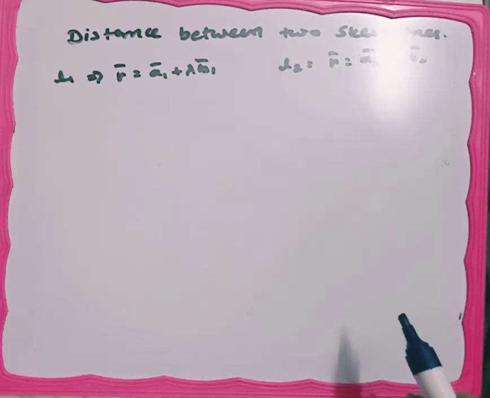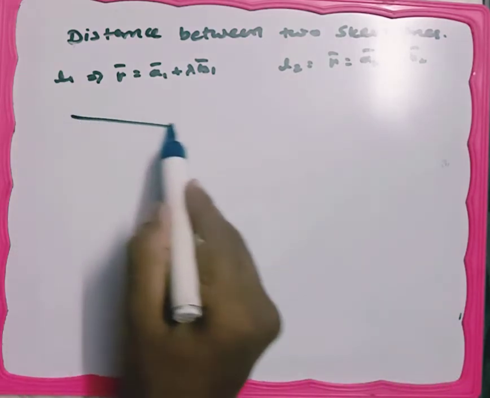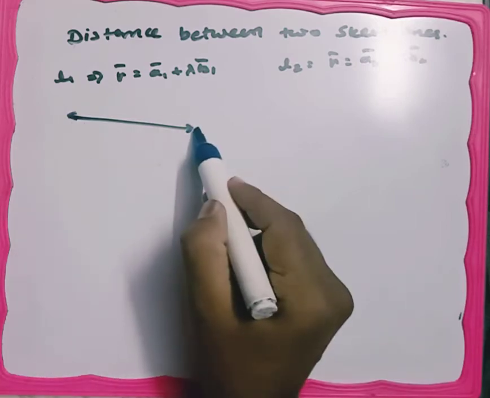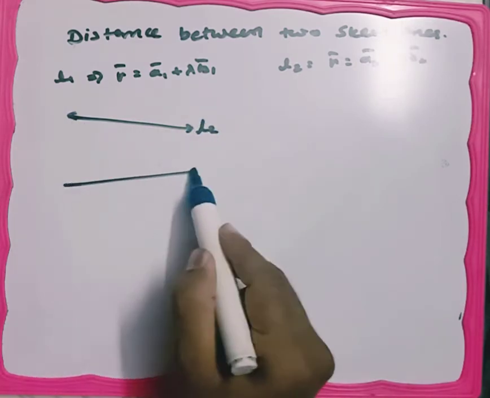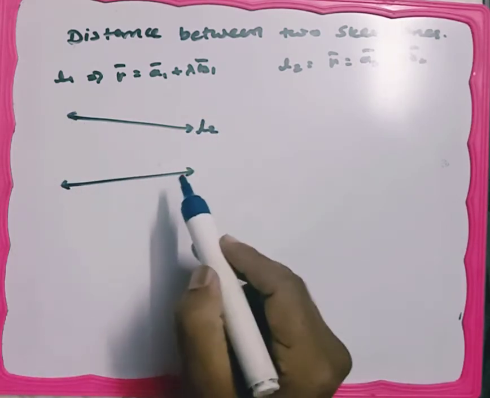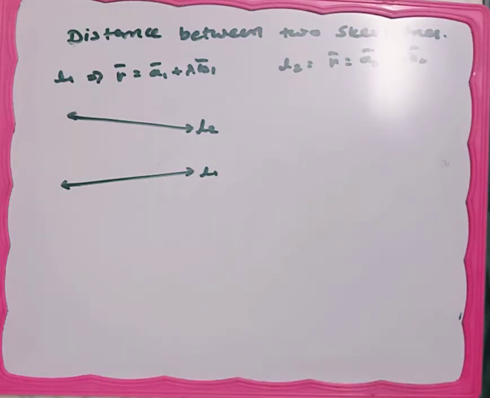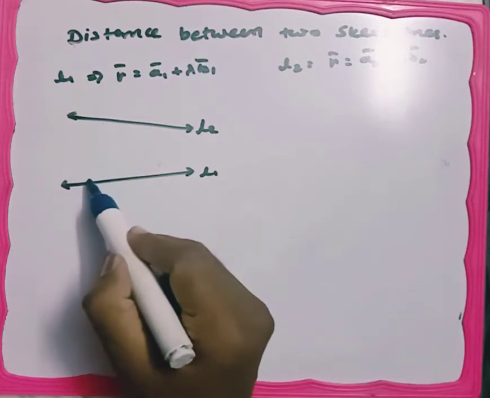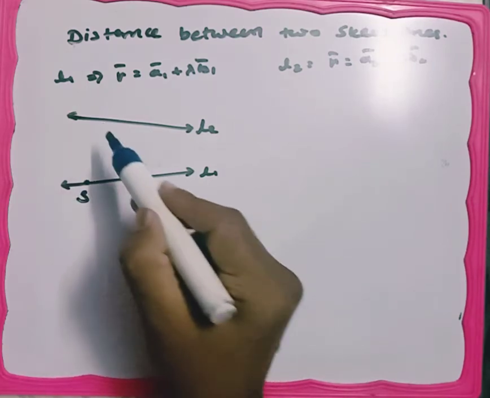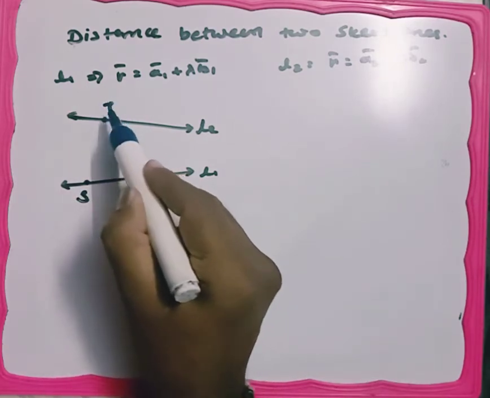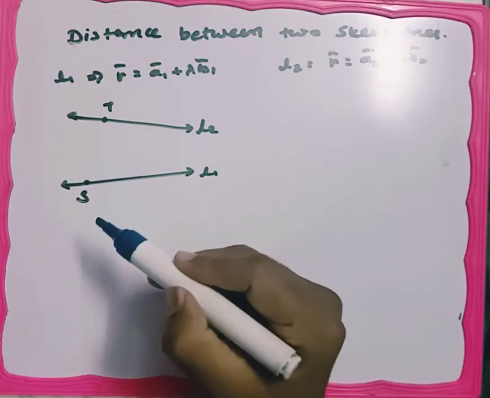These are two skew lines, and we represent them in the diagram. This is L2, this is L1. Two lines are there. Now let S be any point on L1 and T any point on L2.